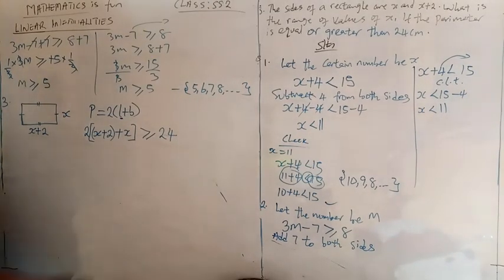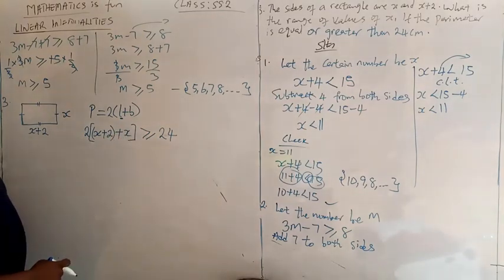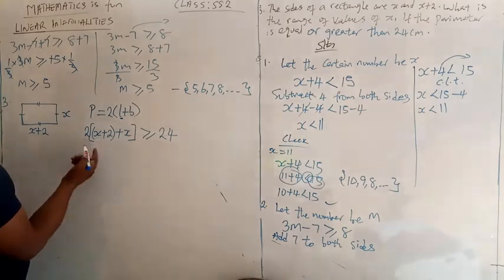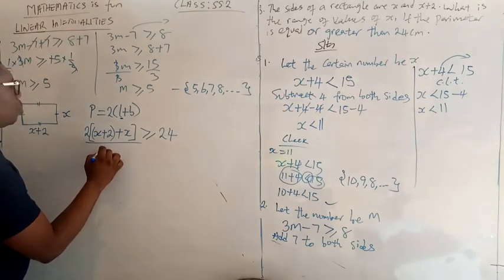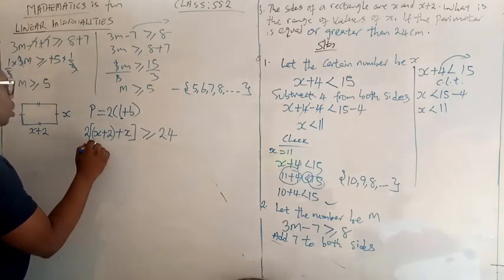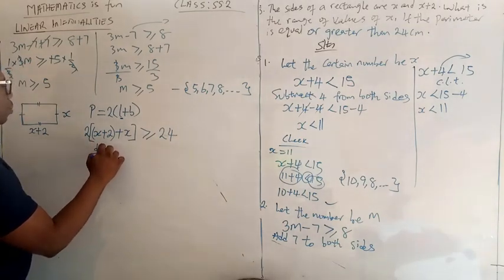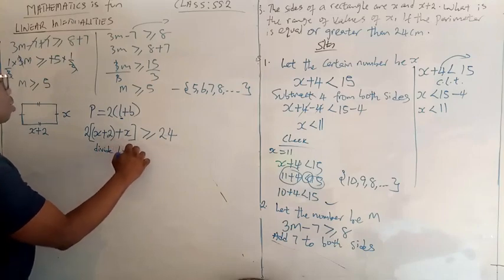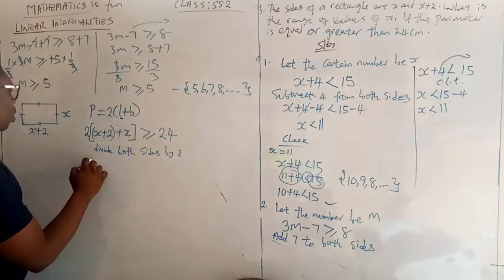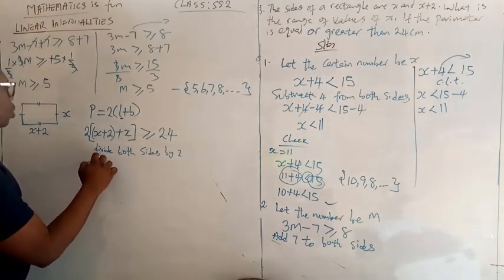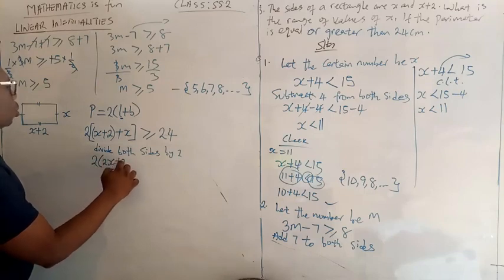So from here, all we need to do is to expand this bracket, or we divide through by 2 to reduce the value. Let me do that. Divide both sides by 2, meaning that you have 2 into 2x plus 2.